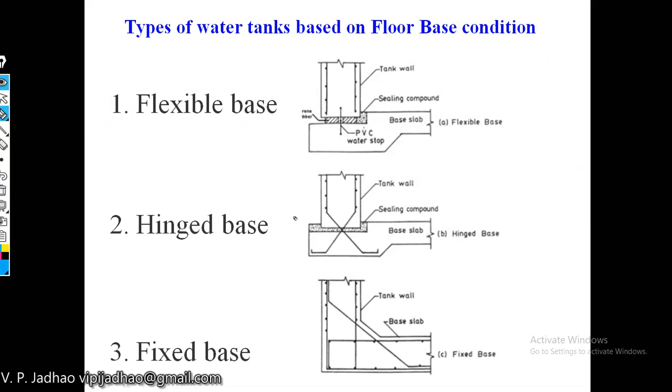Then we have the second type of water tank, that is water tank with hinged base. Again, we'll be providing some rubber pad below the wall like this. Again some sealing material will be provided at the joint between your water tank and wall, but at the same time we'll be extending the steel reinforcement of the wall inside the base of your water tank.